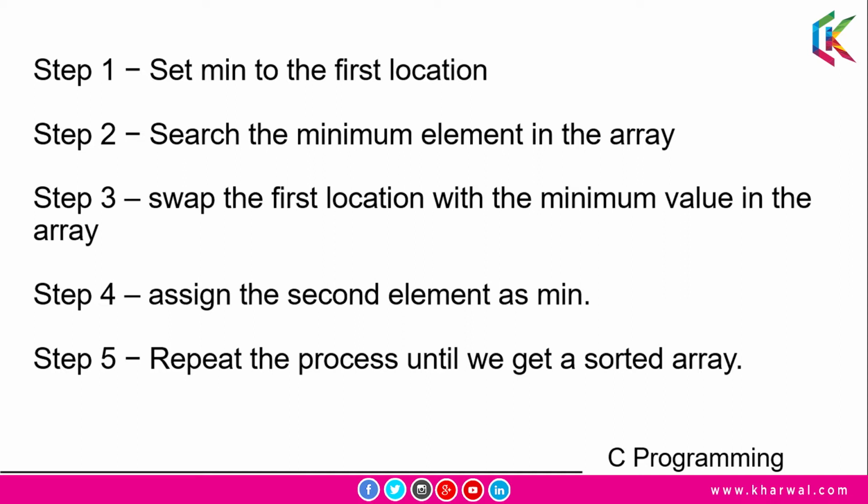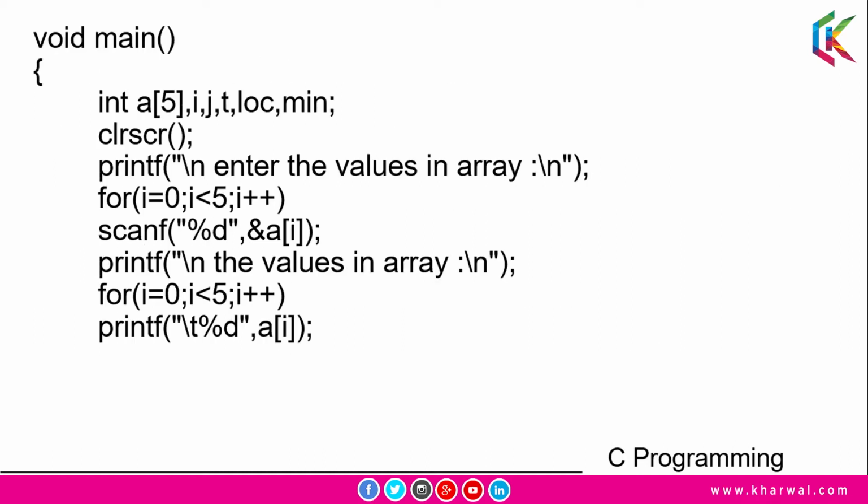Now we will discuss the implementation of selection sort in C programming. In this program, I have declared an integer array A of size 5, and the variables i and j will be used in for loops.